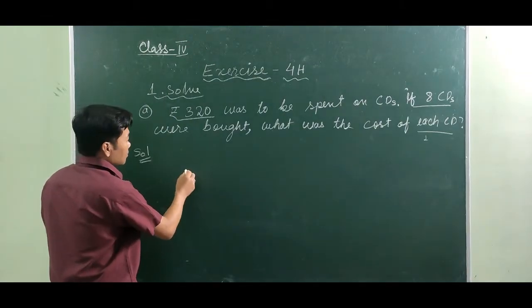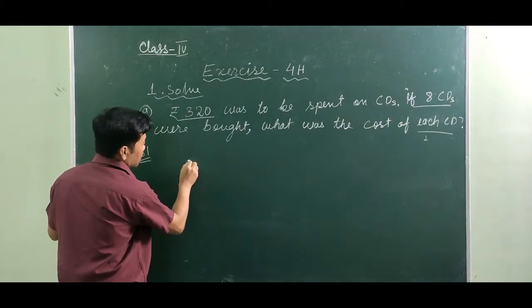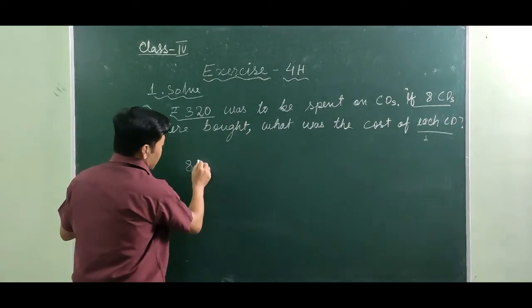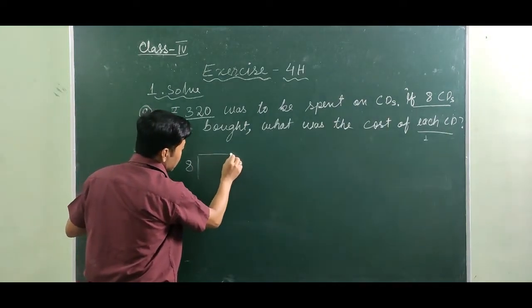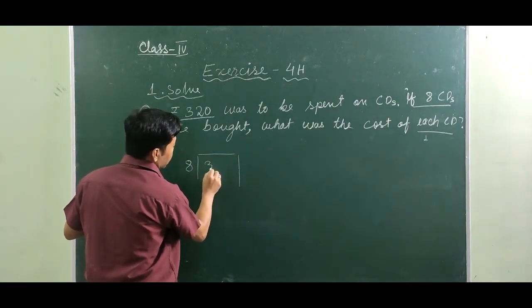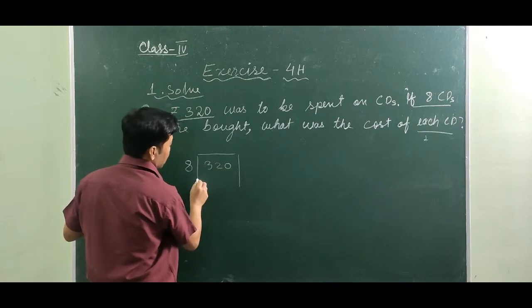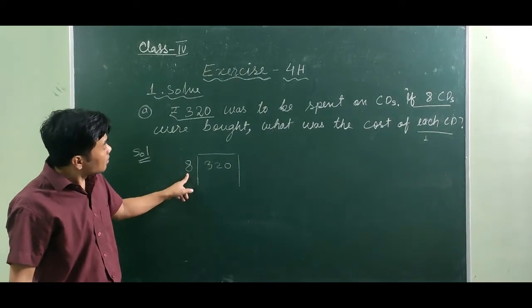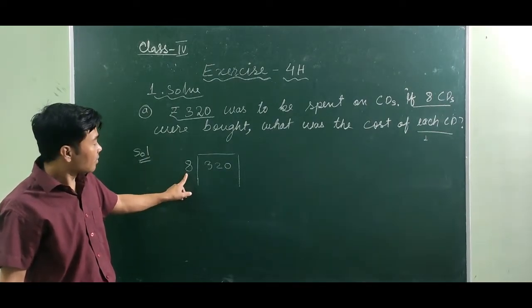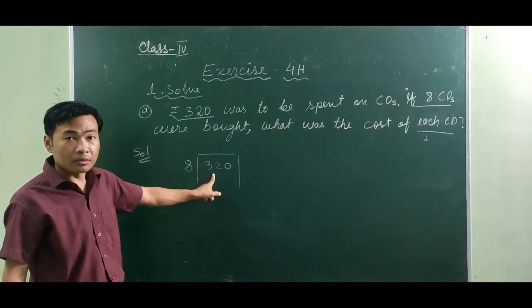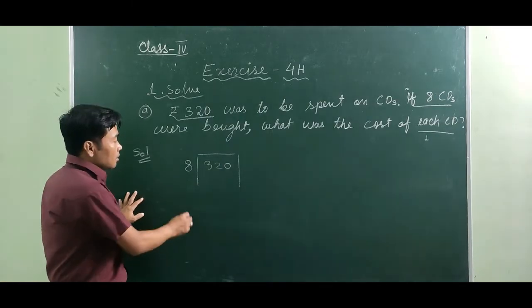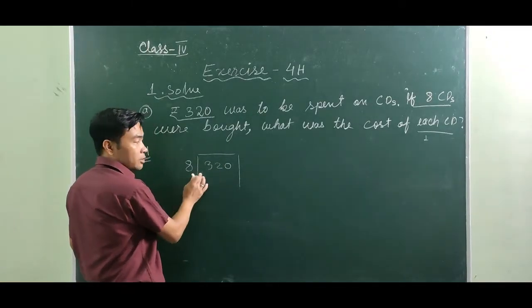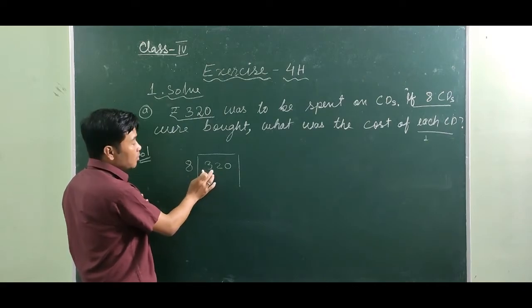So, we have 8 CDs, and the total cost of 8 CDs is 320. So, we have to find the cost of 1 CD. The number of CDs is the divisor, and the total amount is the dividend. Now, this is 1 digit, and 1 digit is small, not possible to divide.